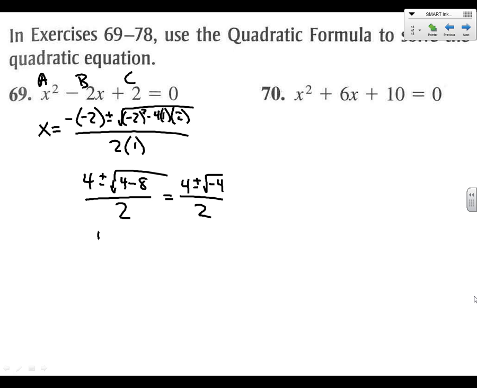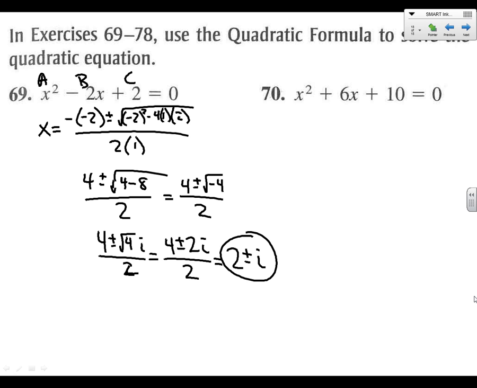And so 4 plus or minus the square root of 4i over 2. And so we'll say 4 plus or minus 2i all over 2. They're all even, so we'll finish this up by saying 2 plus or minus 1i. Nice job if you were able to get all the way through that.